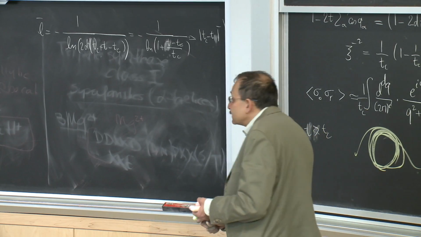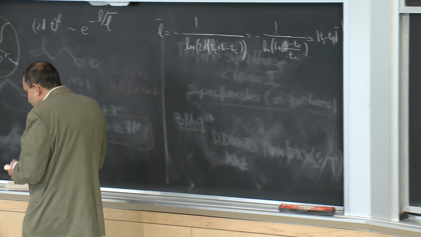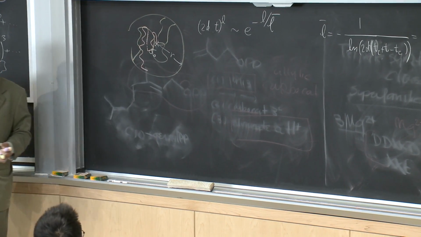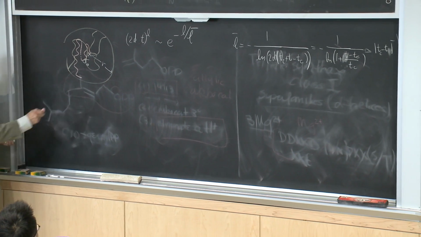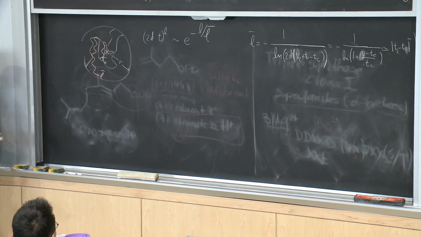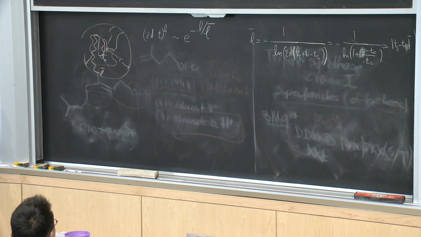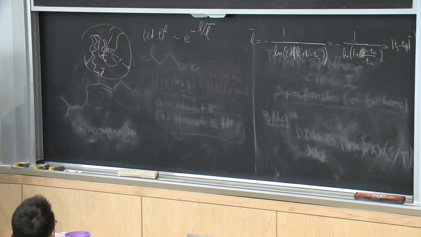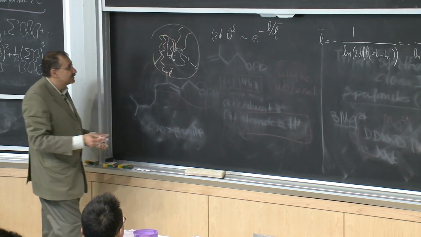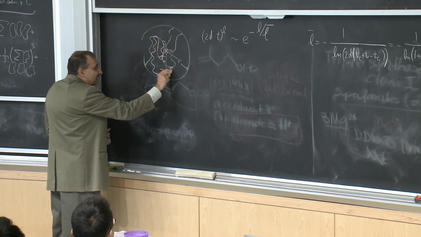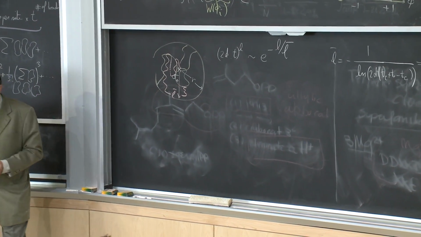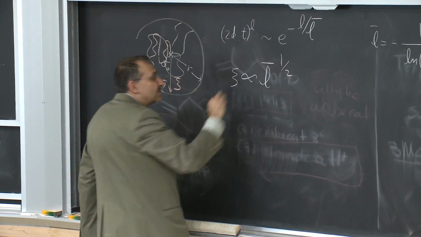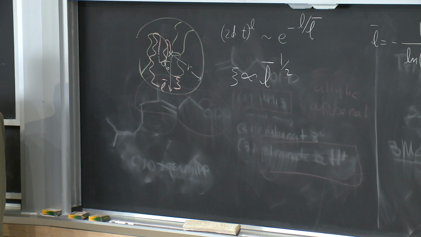Now, what are these paths? I start from the origin, and I randomly take steps. And I've said that the typical steps that I will get will roughly have length L bar. How far have these paths carried the information? These are random walks. So the distance over which they have managed to carry the information, c, is going to be like the square root of the length of these walks.